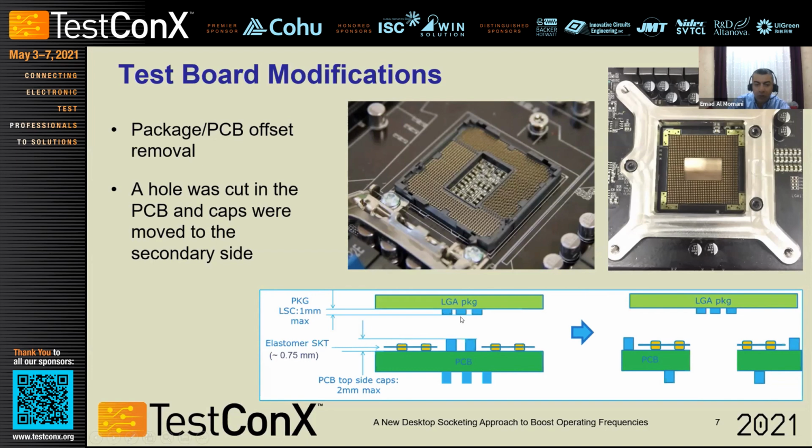So what we had to do to enable the socketing is re-spin the whole platform and design a new platform, where we introduced a cut in the center of the package that you can see here. With that, we had to move all these caps to the secondary side of the board. Any previously existing components at the bottom side or back side of the PCB were also moved around.